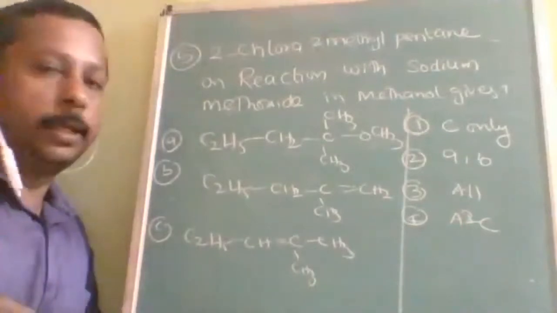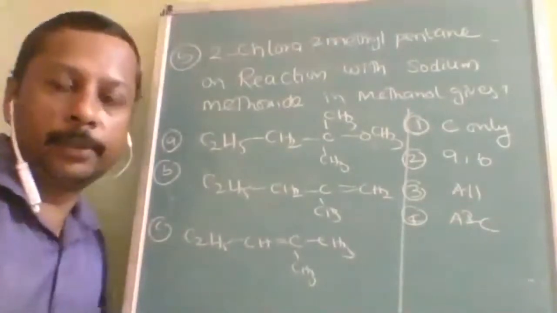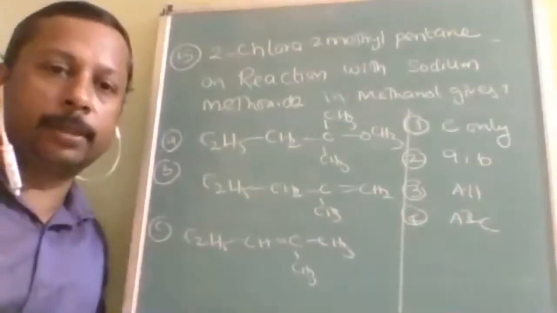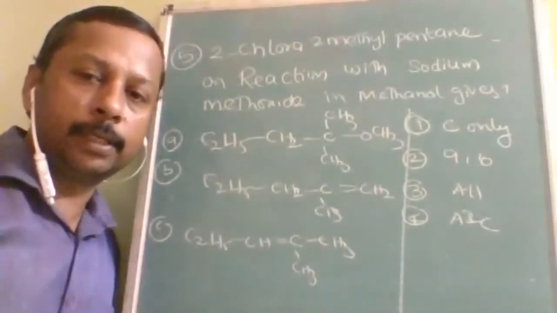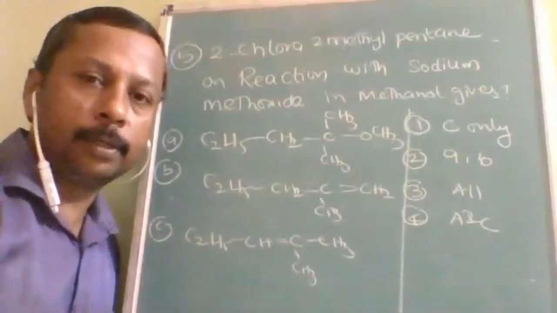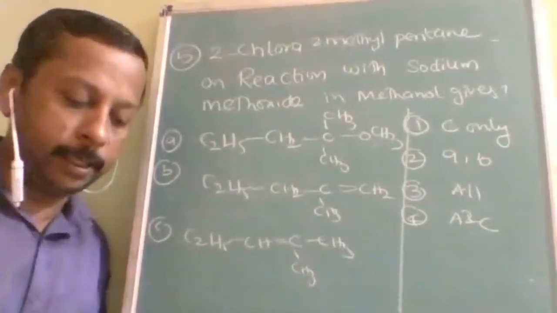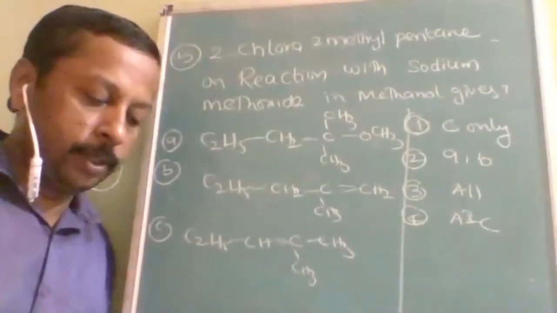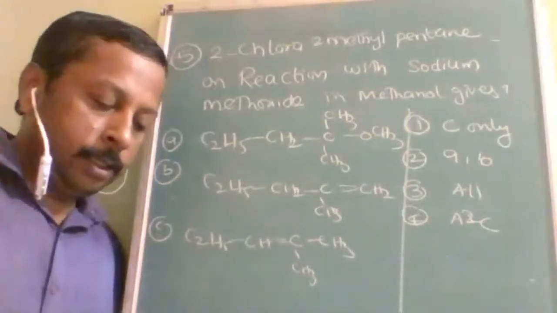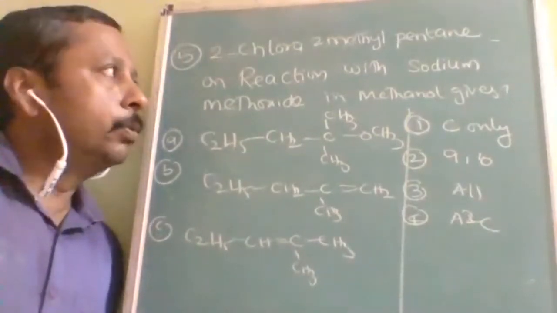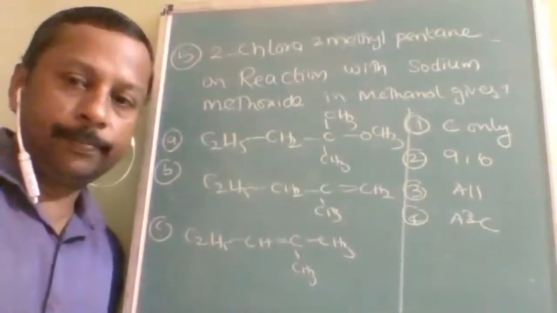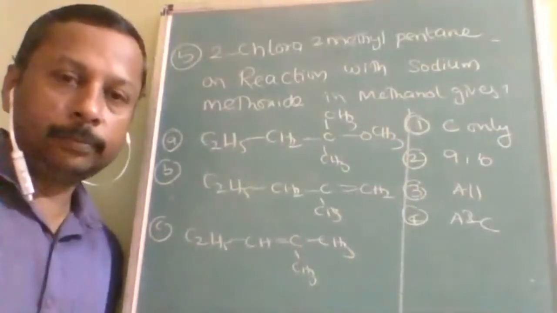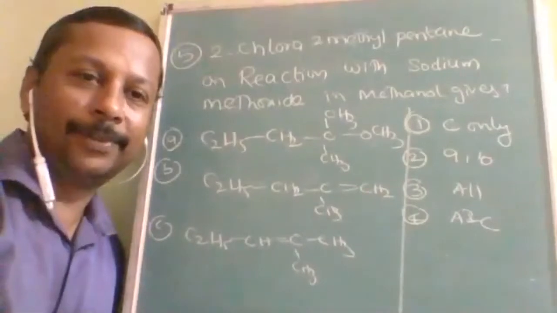It is just like converting a multi-correct question into a single correct question. Three products are given. Of these three products, which are possible? 2-chloro-2-methyl pentane on reaction with sodium methoxide in methanol gives what?